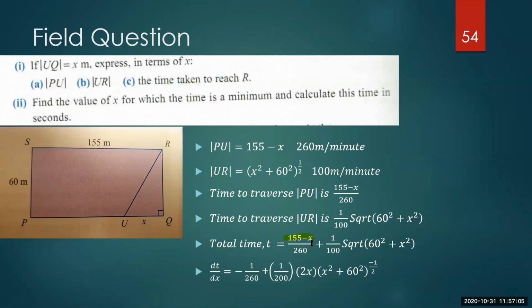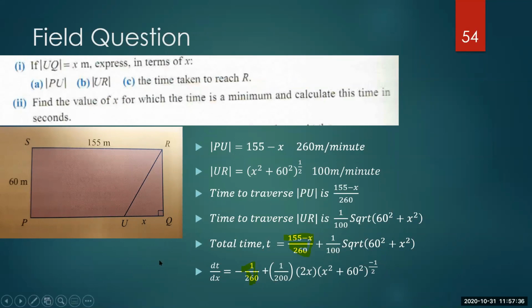So (155 minus x) over 260, when we differentiate that, we get minus 1 over 260. And for the square root of 60 squared plus x squared, using the chain rule and the power rule, we get 1 over 200 times 2x into (x squared plus 60 squared) to the power of minus a half.